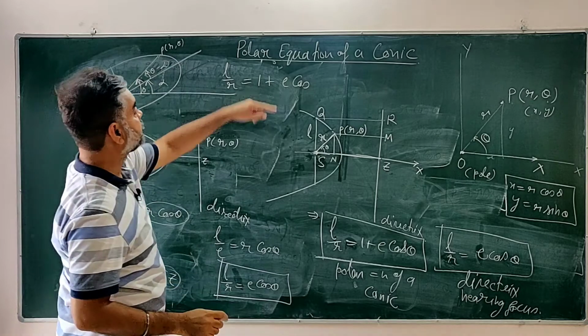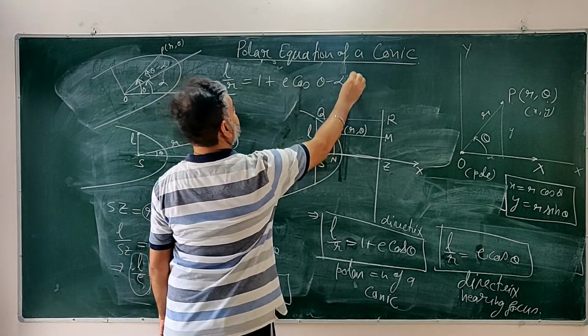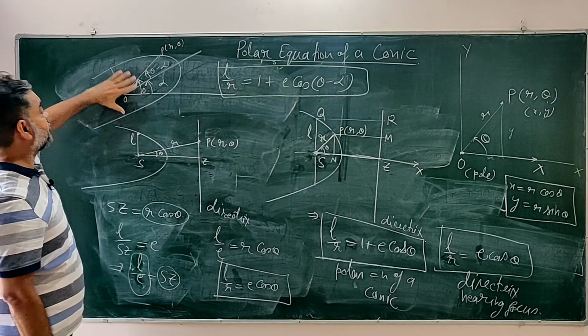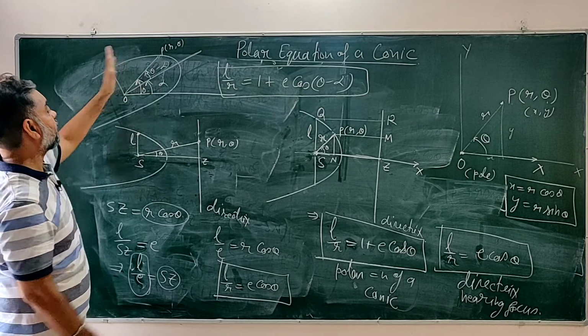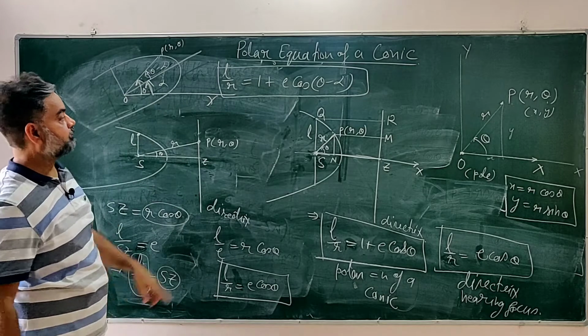So in this case, the equation of the conic is L over r is equal to 1 plus e cos(theta minus alpha). This is the polar equation of a conic whose axis is inclined at an angle alpha with the initial line.